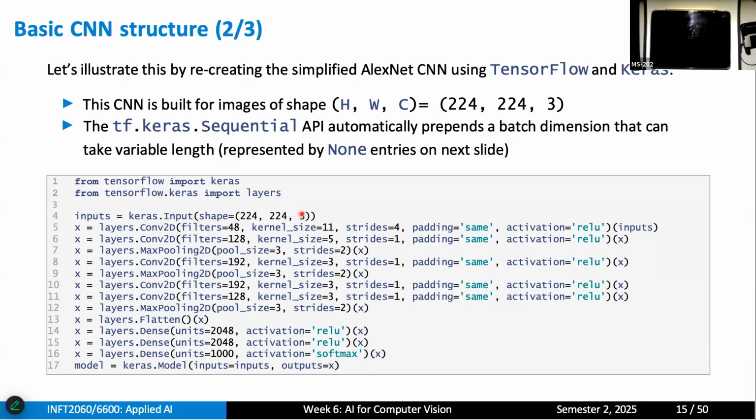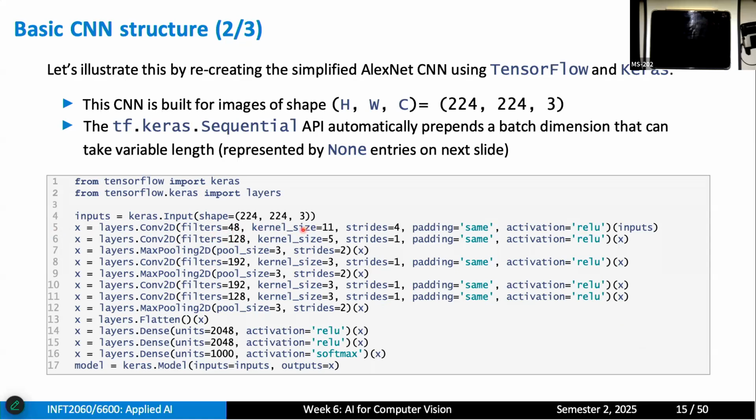After you understand this, the first layer is the convolutional layer. Following this calculation, you will understand how to calculate the first layer's parameters. This is the first convolutional layer, applying 48 convolutional filters.